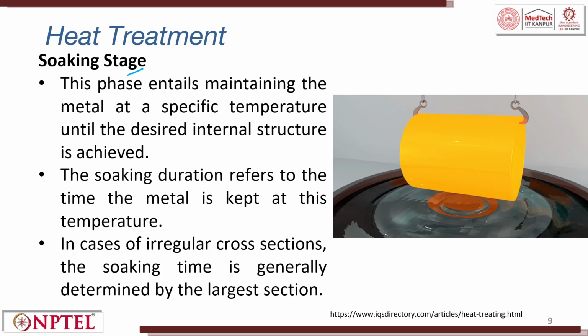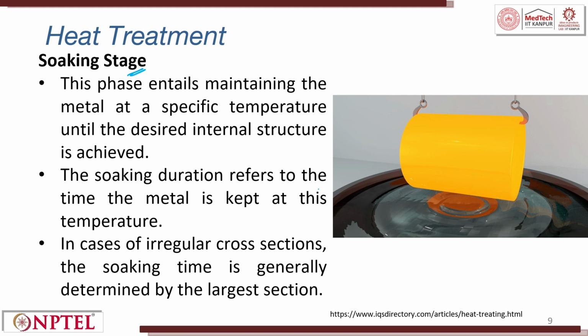In the soaking stage, this phase entails maintaining the metal at a specific temperature until the internal structure is achieved. So, you wanted martensite, austenite, pearlite, ledeburite getting mixed in this. Here you soak and keep it for some time, such that the internal structure is all transformed to get what is required.